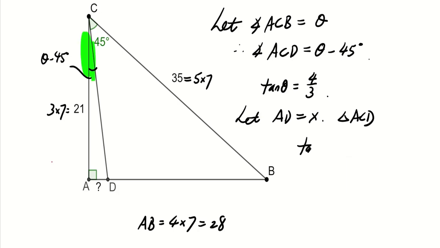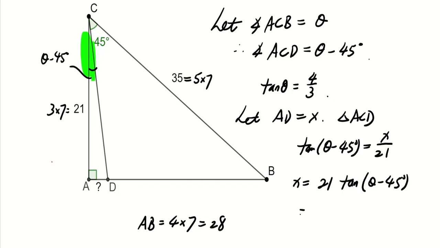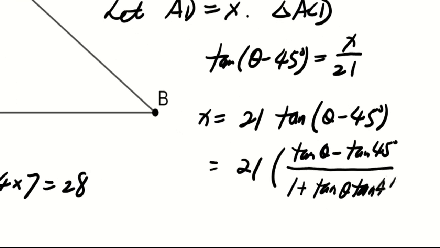Therefore, tangent of (theta minus 45 degrees) is equal to x over 21. So x is equal to 21 times tangent of (theta minus 45 degrees). And we know that tangent of (theta minus 45 degrees) will be (tangent theta minus tangent 45 degrees) over (1 plus tangent theta times tangent 45 degrees).